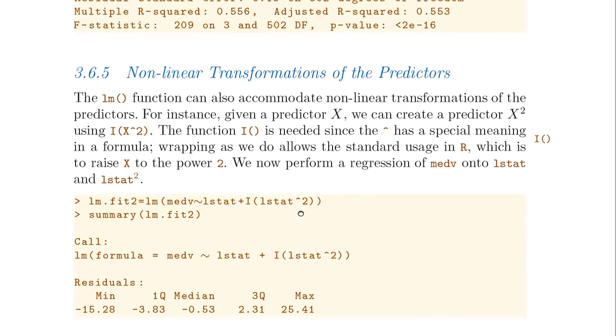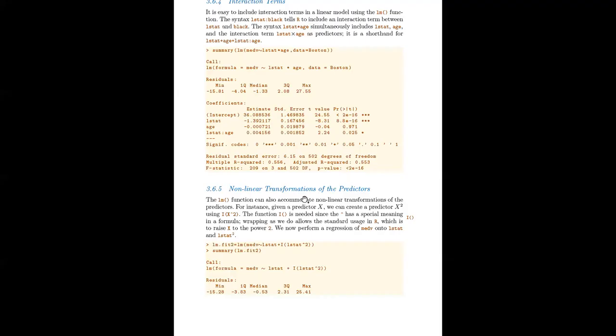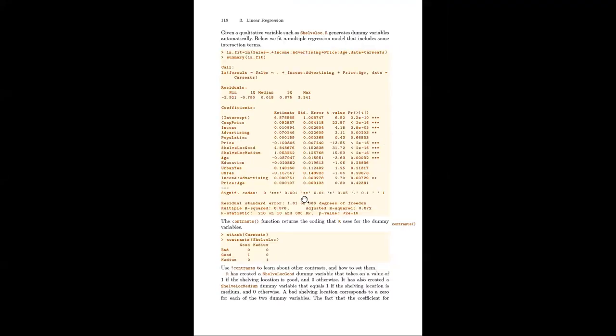Now, nonlinear transformations of the predictors. The lm function can also accommodate nonlinear transformations. This is because the data very often isn't linear or doesn't seem to indicate that it's entirely linear.